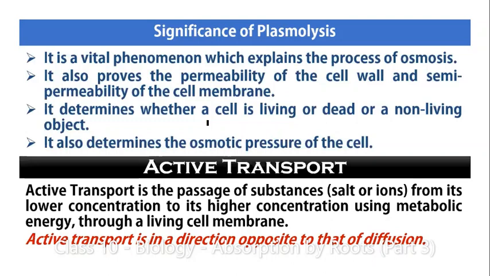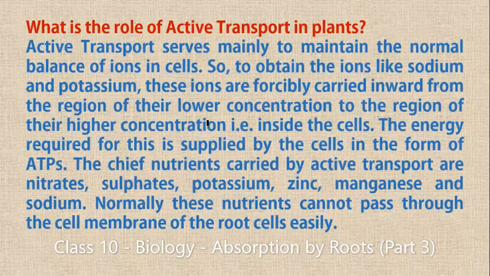So these are the different processes we have already discussed. Now, as we have said, that is the role of this one, as I've explained. So here you can see, in short, it's written, active transport serves mainly to maintain the normal balance of the ions in the cells.